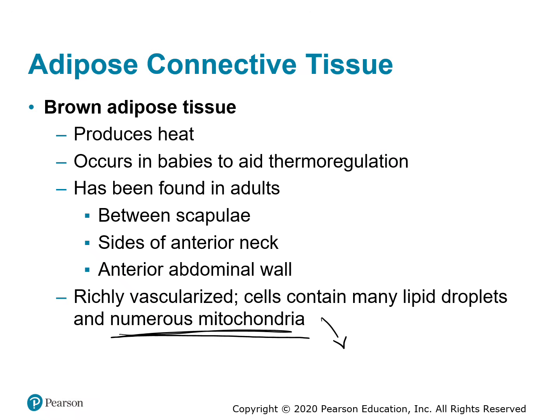Because it does a lot of energy production from those reserved food fuel. Reserved food. Okay. In adults, you'll find it kind of between your scapula, on the sides of your neck, and on the front of the abdominal wall.